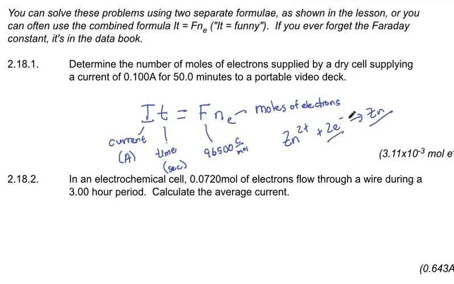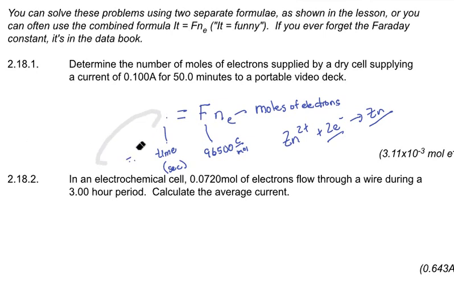So the ratio of electrons to zinc is going to be 2 to 1. Don't think this number is always the same as the amount of metal you're trying to make, or whatever thing you're trying to electrolyze. It can be 2 times as much, or 3 times as much, or even more, depending how many electrons per atom you're looking at. So think about this ratio when you're finding Ne. I'm sure we'll get some practice with that as well.